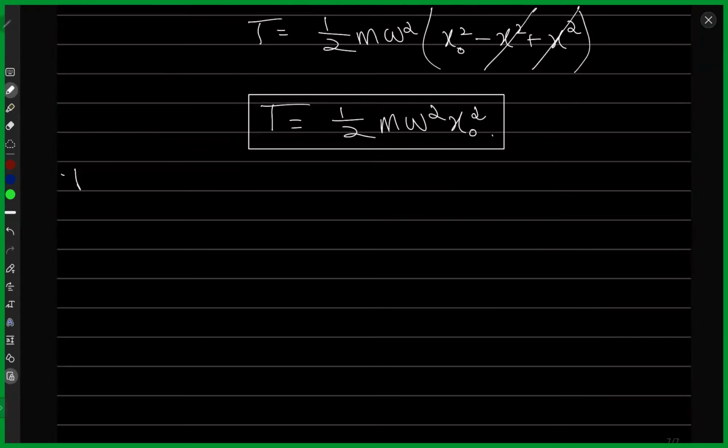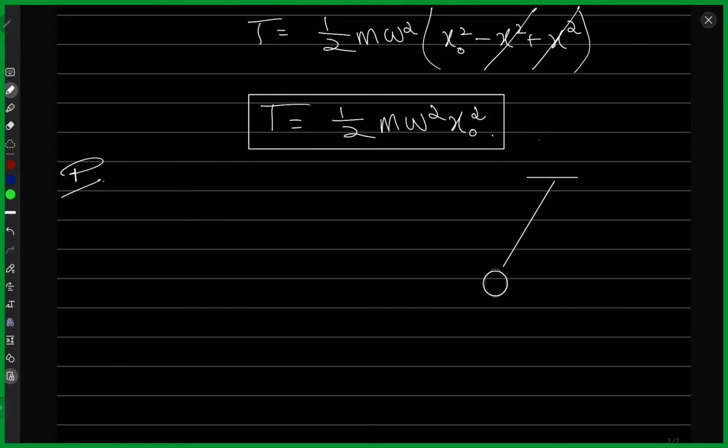Okay, so if there is no question, then we'll do a fairly simple problem now that has to do with these energies. Let's take an example of a pendulum, and it's oscillating.